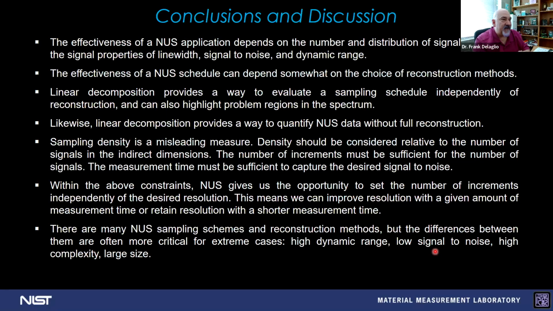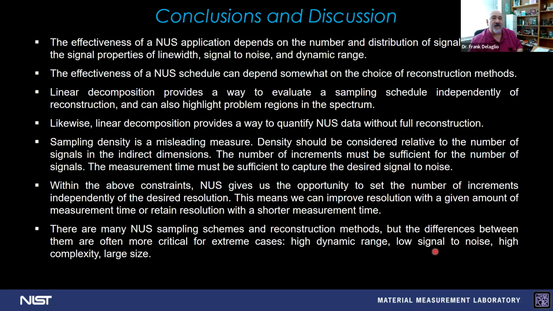And so I'll just reinforce a few points before we turn things over to our colleague, Dr. Rovnyak. The important points that we've discussed: one is that the effectiveness of a NUS application, which means choice of the sampling schedule, acquisition parameters, and reconstruction method altogether, depends on the number and distribution of signals, as well as the things that you would expect, like signal to noise, dynamic range, and how broad the peaks are.